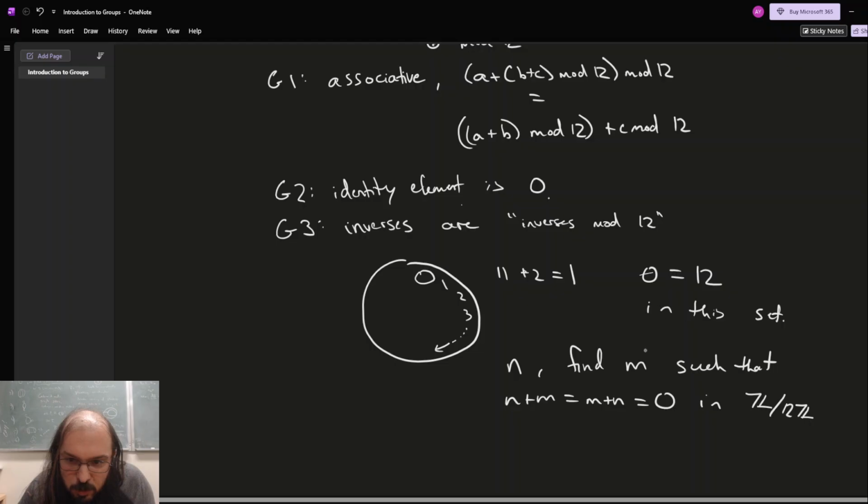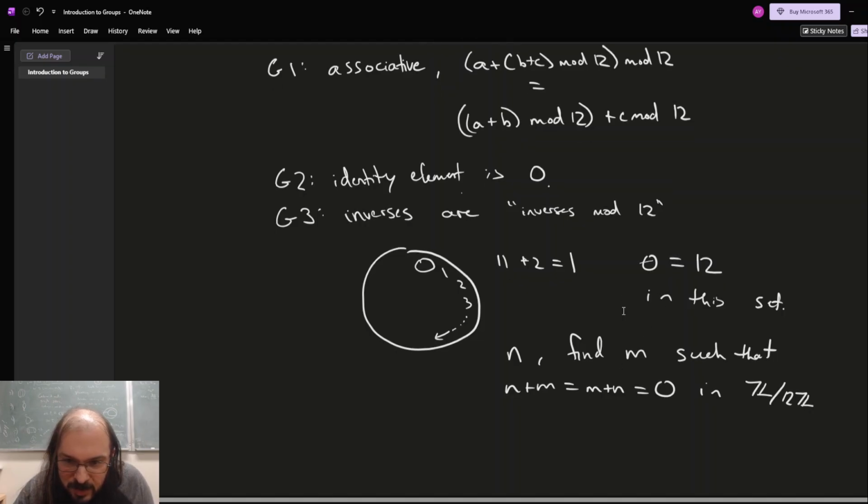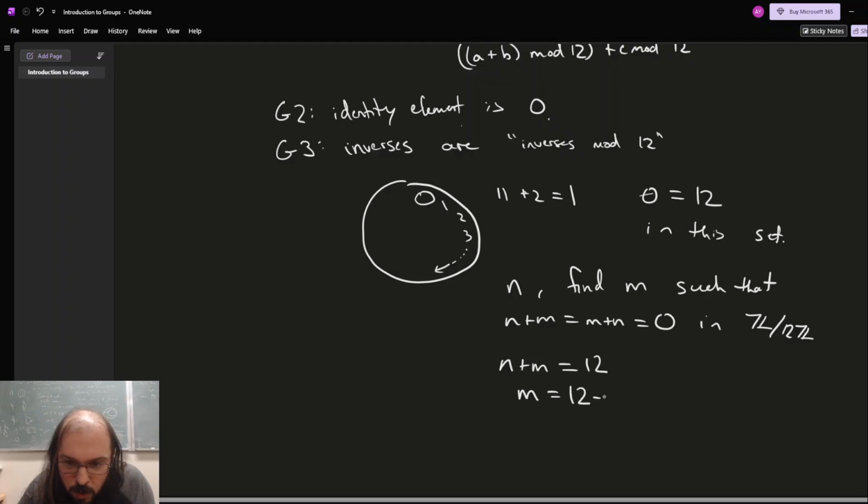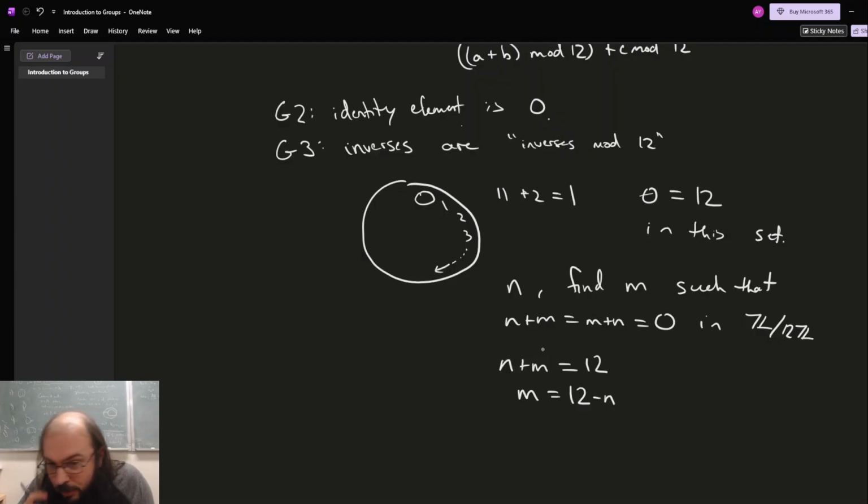Well, because 0 and 12 are essentially the same thing in this set, this is the same thing as asking what value of m makes n plus m equal to 12. And when I say it like that, we can see the answer: m is 12 minus n. So in other words, the inverse of any element can be found by subtracting it from 12.